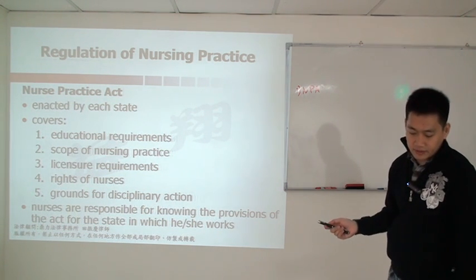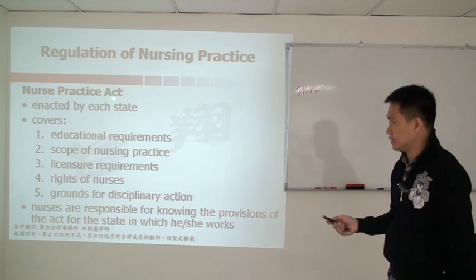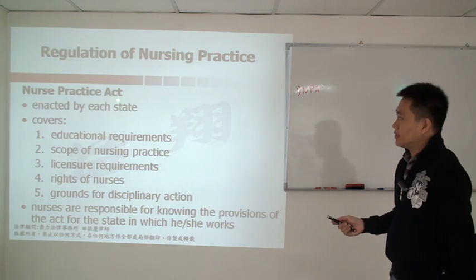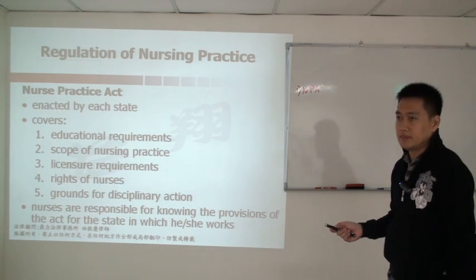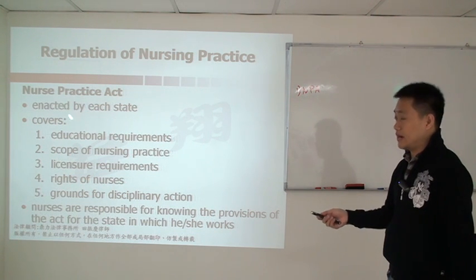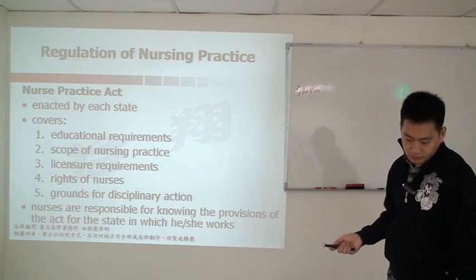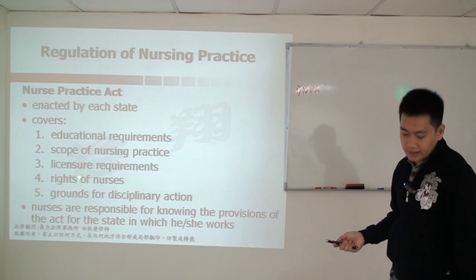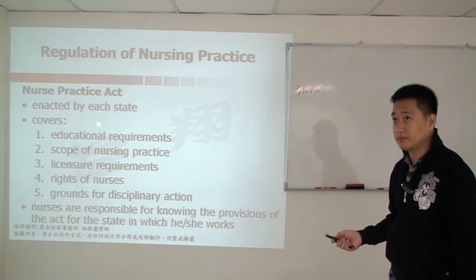It defines the reasonable care in each state. The Nurse Practice Act is enacted by each state in the United States. So there are about 50 states, and each state has its own Nurse Practice Act to regulate the practice of nursing in that particular state.